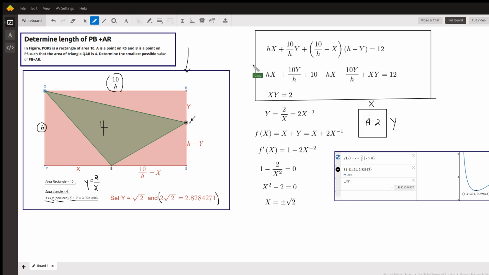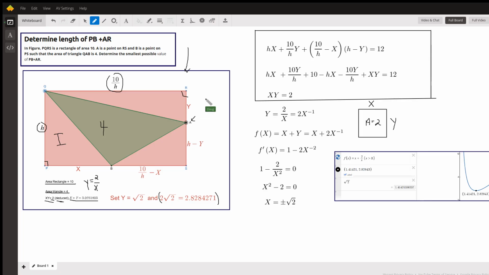All right, so here's the idea. The area of this triangle right here is 1/2 of h times x, because that's a right angle, and this is an altitude and a base. For all these triangles, it's going to be 1/2 the product of the altitude times the base.